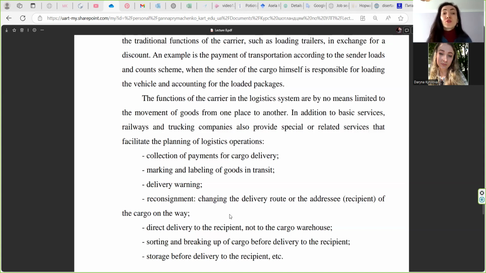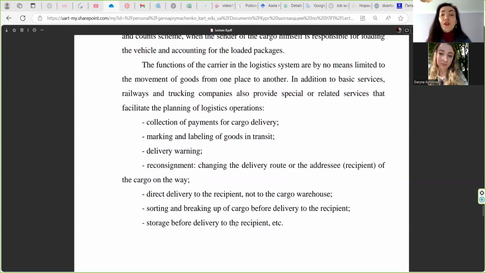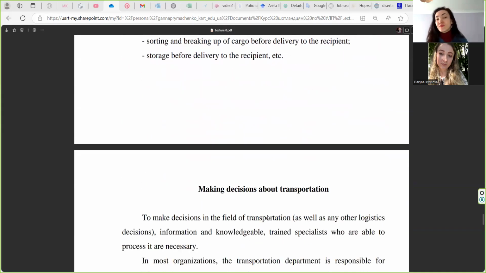Collection of payment for cargo delivery, marking and labeling of goods in transit, delivery warning, reconsignment, changing the delivery route or the address of the recipient of the cargo on the way, and others. Also direct delivery to the recipient, not the cargo warehouse, sometimes sorting and breaking up of cargo before delivery to the recipient, storage before delivery to the recipient, and so on.